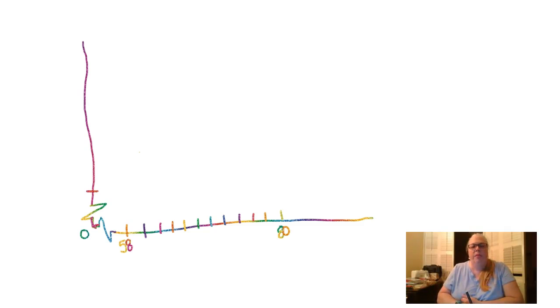And then I'm going to start my vertical axis at 60. And we're going to go all the way up to 80 also. And again, I'm going to scale this by 2, and that's going to put me right up here.